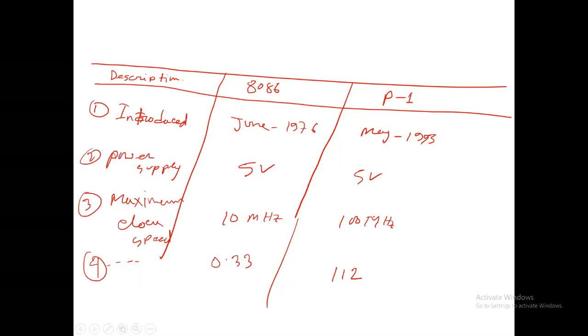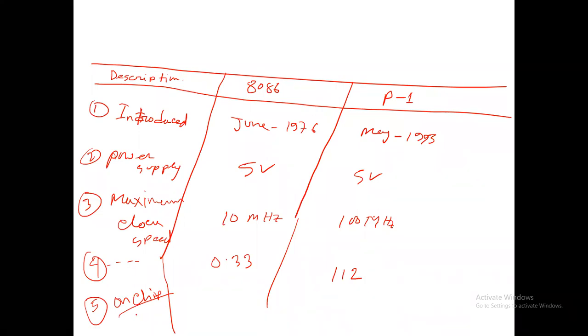Then on-chip cache memory. Number 5. On-chip means built-in in the microprocessor. On-chip cache memory.